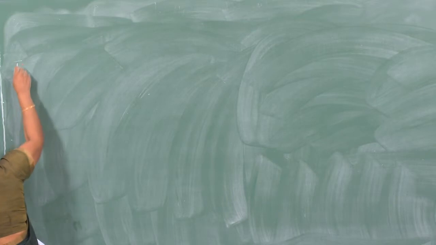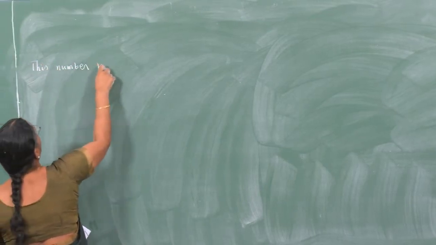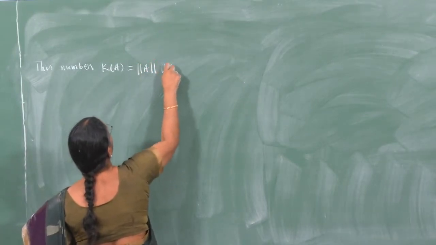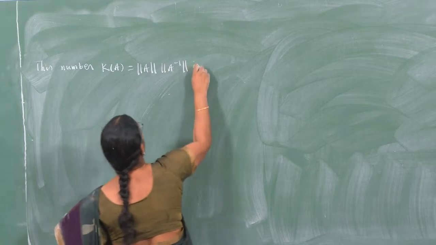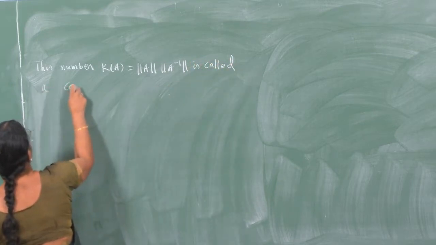This number K of A, which is equal to norm A into norm A inverse, is called a condition number.